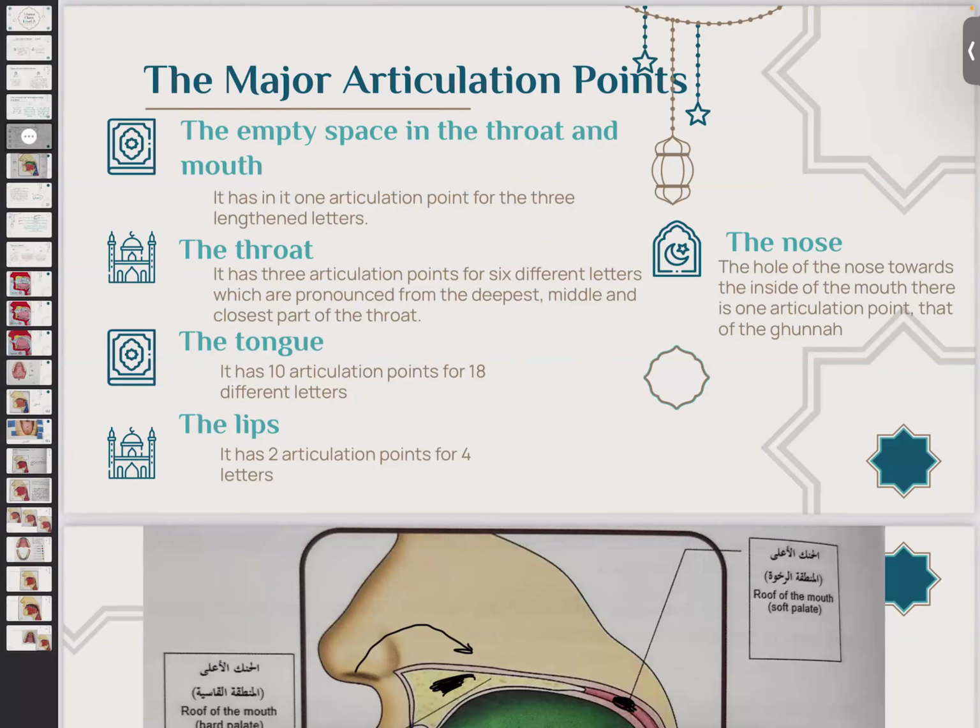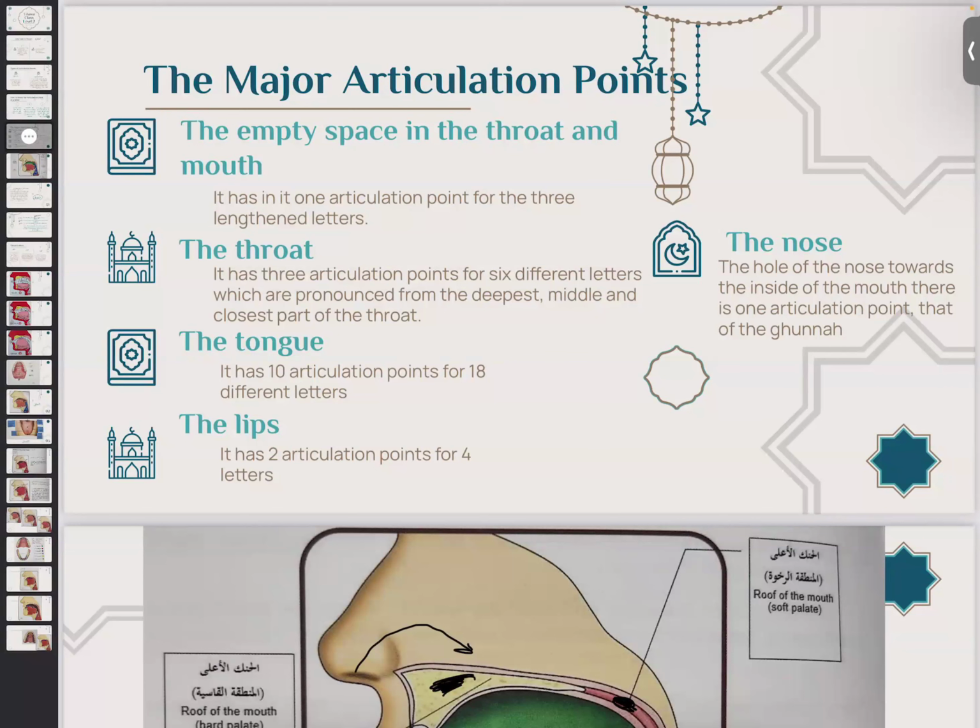And then we have the throat, which is the articulation point of 6 letters. We have 3 parts. From the deepest part comes the sound of hamza and ha, and then from the middle part comes the sound of ayn and ha, and then from the closest part of the throat comes the sound of ghayn and kha.